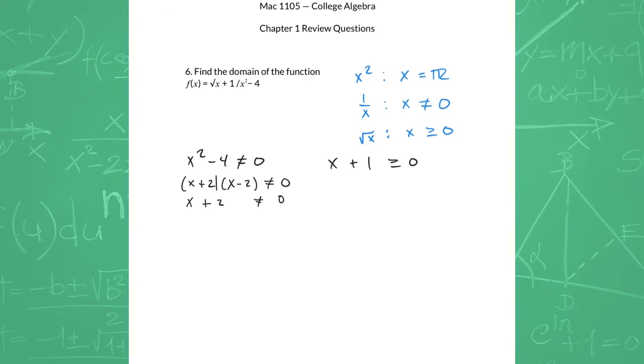So x plus 2 cannot be equal to 0, which means it cannot be equal to negative 2. Now I'll write that in a different color. And x minus 2 cannot be equal to 0. It means x cannot be equal to positive 2.